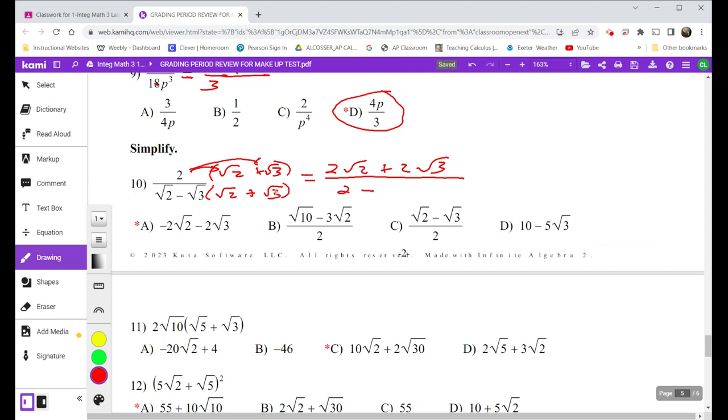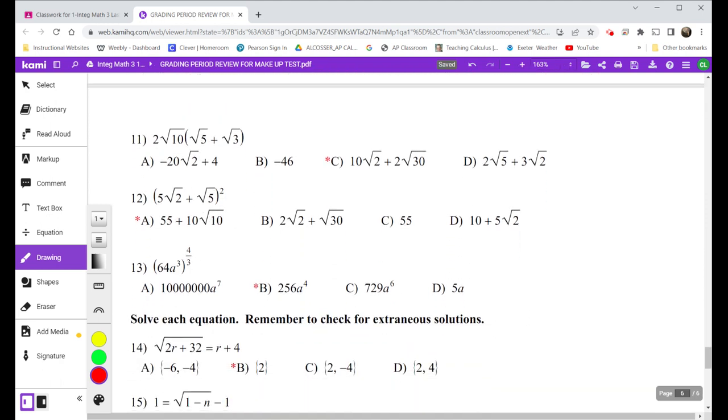And root 3 times root 3 is 3. And that becomes 2 root 2 minus 2 root 3, and that is all over negative 1. Sorry, this is a plus up there. That negative 1 gets distributed into here and here. So that's why my answer is that one. The key is using the conjugate, which is the opposite of that one, to multiply the top and the bottom.